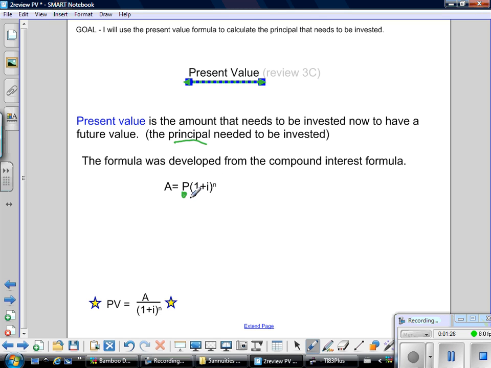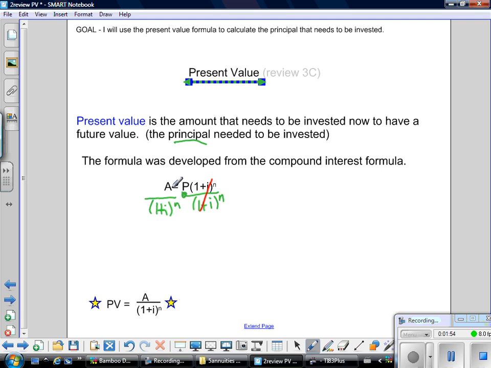The opposite of multiplying by something is to divide both sides by the (1 plus i) to the n. If I divide that side by (1 plus i) to the n, it divides out and I end up with P by itself. Remember, whatever I do to one side, I have to do to the other side, and so I end up with this.